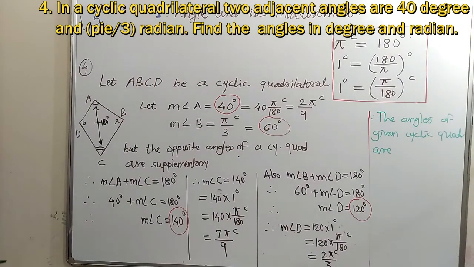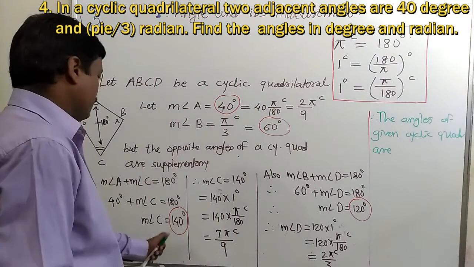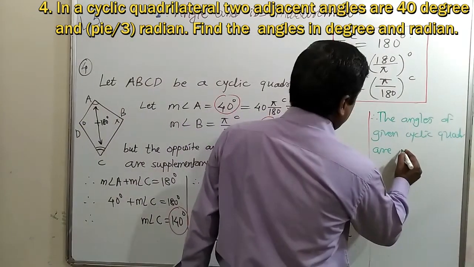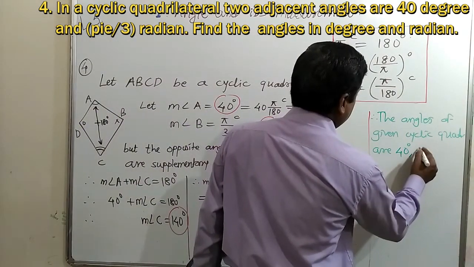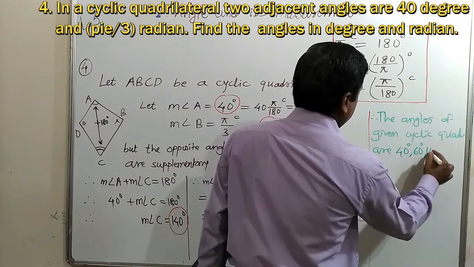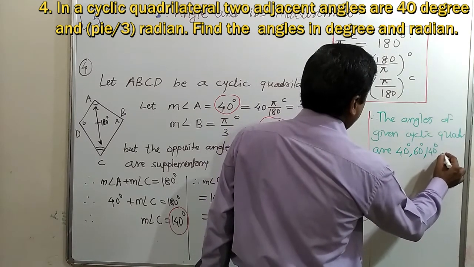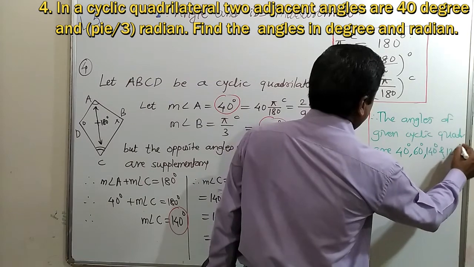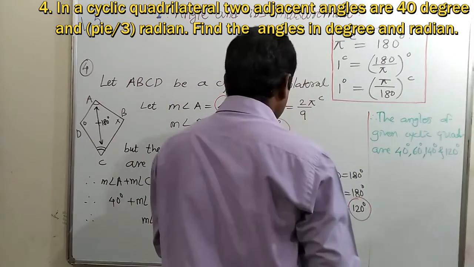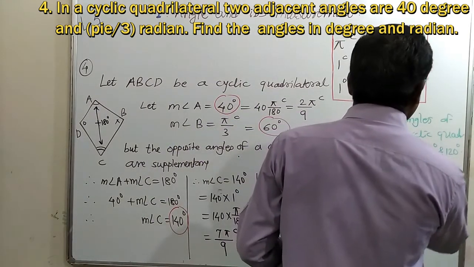So the four angles of this quadrilateral are 40, 60, 140 and 120 degrees. Okay.